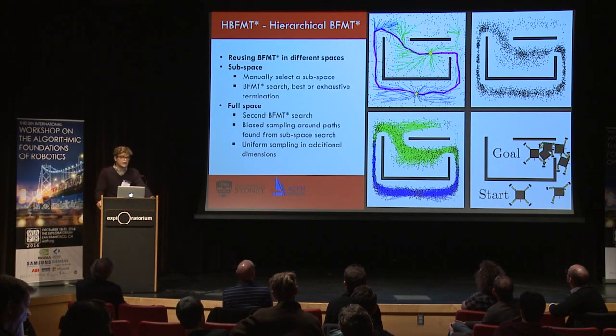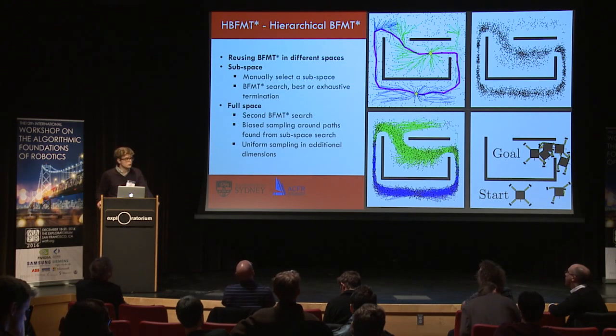So this leads us to our hierarchical algorithm. Initially we manually select a subspace. In this case, we select the translational space of the robot, and we perform a bidirectional fast-marching tree search through this space with this exhaustive termination condition.